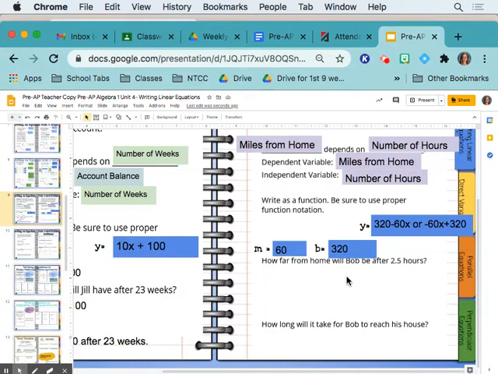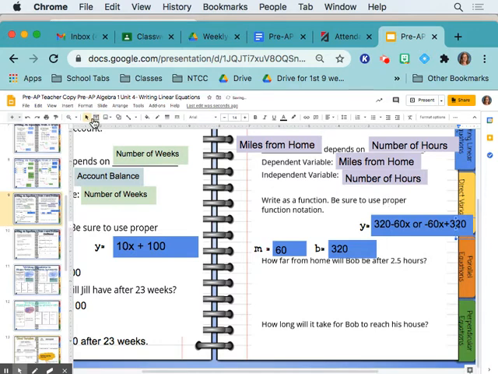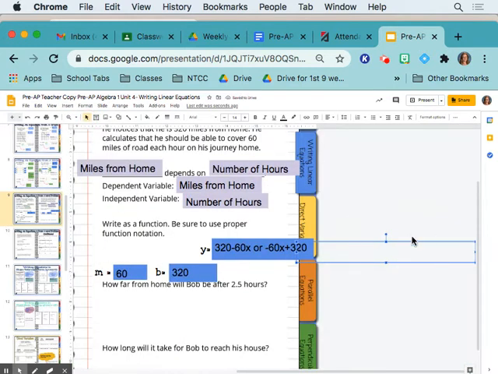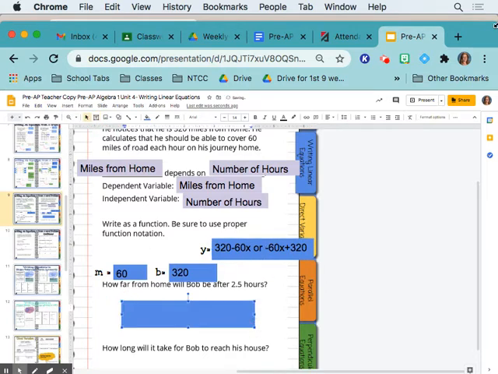Okay, so how far from home will Bob be after 2.5 hours? How do we do this? F of 2.5 equals 60 times 2.5 plus 2. Yeah, so we're going to do that same function notation. F of 2.5 equals negative 60 times 2.5.